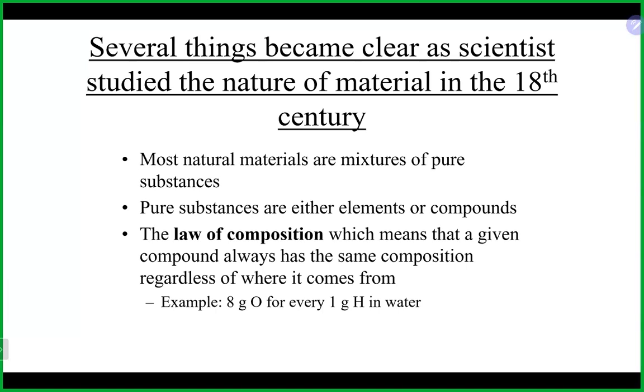So earlier we saw, in the case of water, we have 2 hydrogens for every 1 oxygen. Because oxygen is 16 grams and the 2 hydrogens are basically 1 gram each, for every 1 gram of hydrogen in water, we'll have about 8 grams of oxygen. So that ratio as to how they come together is always the same.